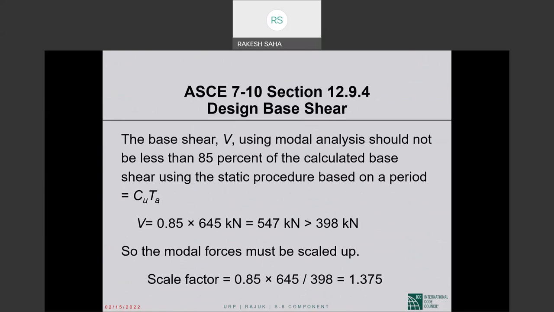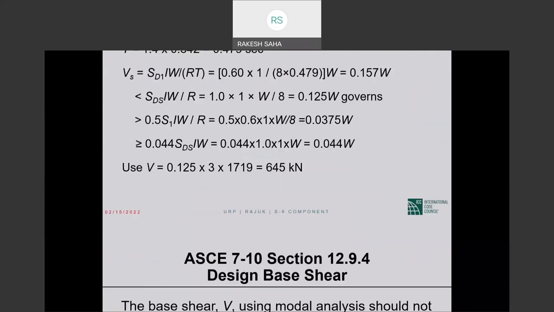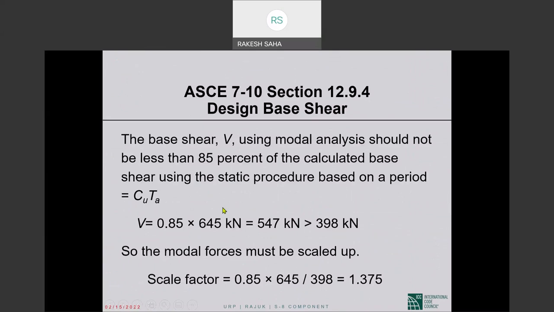So we have 645 kilonewtons of static base shear. 85% of that is 547. Our dynamic base shear is 398, which is less than 85% of static.